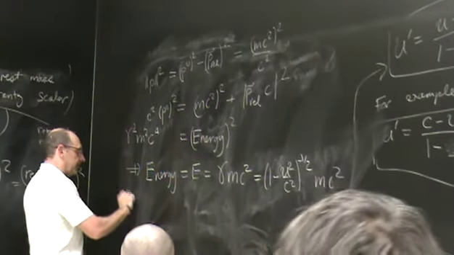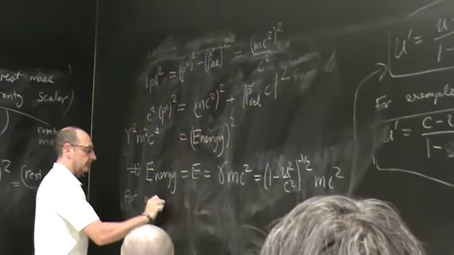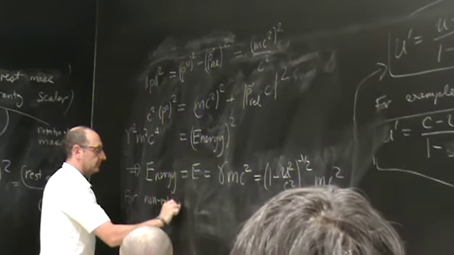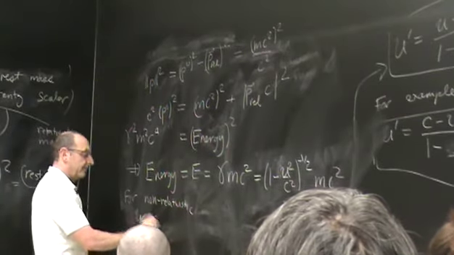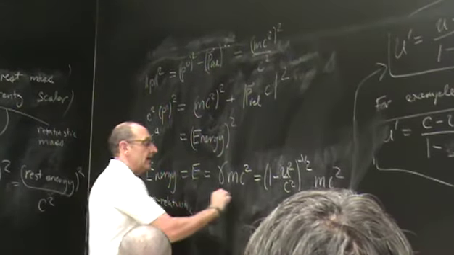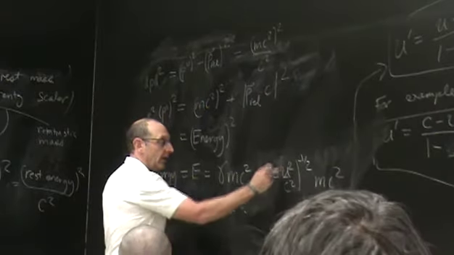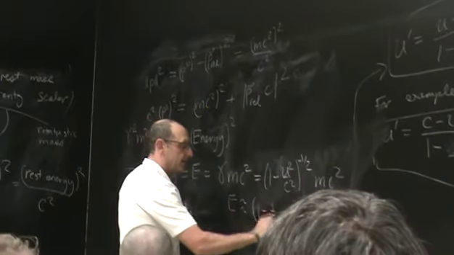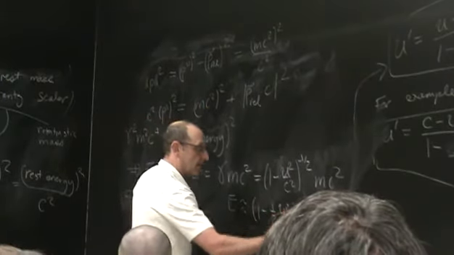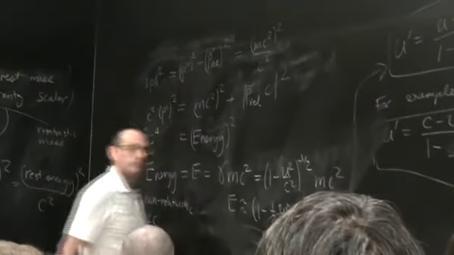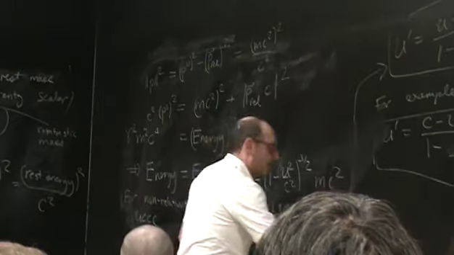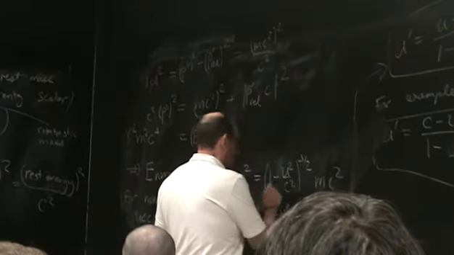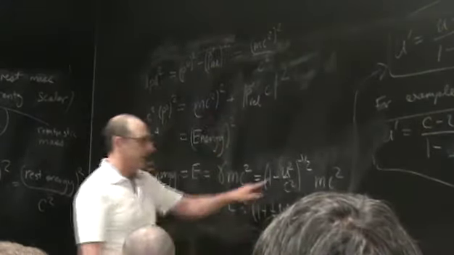For non-relativistic, u much, much less than c, E is approximately equal to, well, I can do a Taylor series expansion, and get, oh, there's a minus 1/2, that becomes a plus.